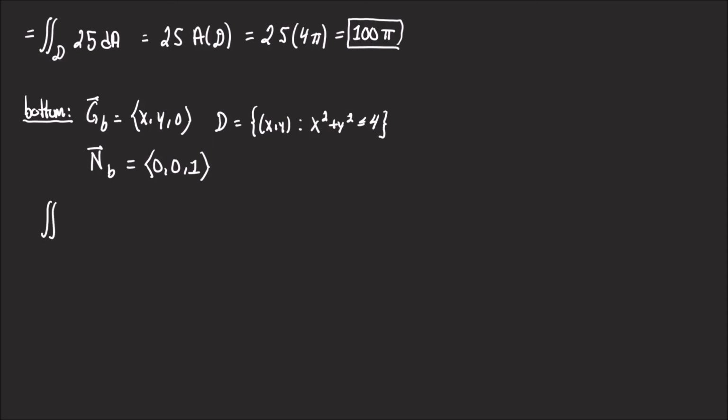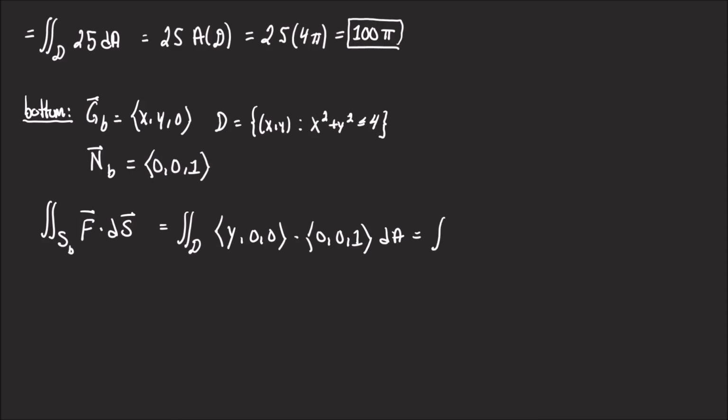If we look at now the double integral of S sub b, so the surface integral along the bottom, this becomes the double integral over D of f of g, which is y, 0, 0, dotted with 0, 0, 1.